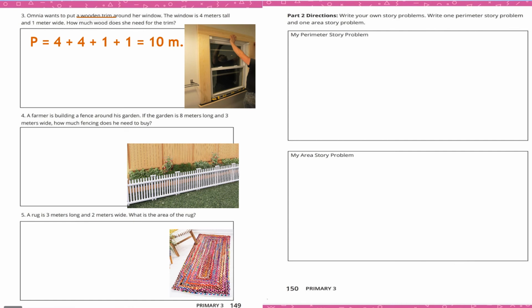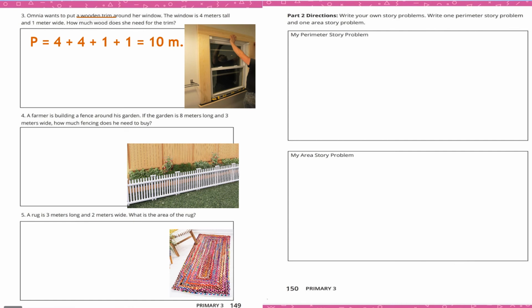Number 4, a farmer is building a fence around his garden. If the garden is 8 meters long and 3 meters wide, how much fencing does he need to buy? So the fence around the garden, it's like the perimeter around the shape.